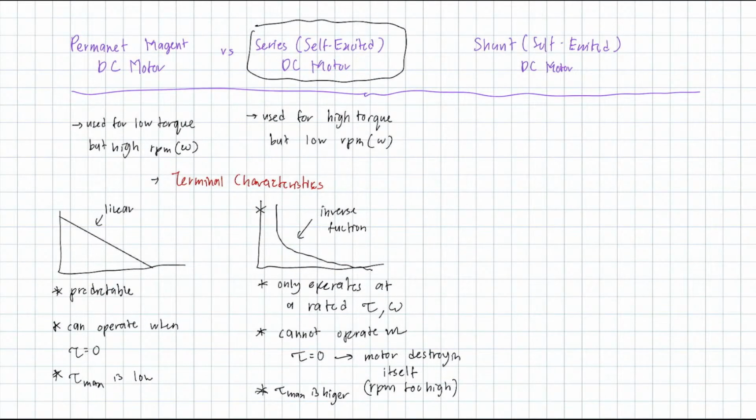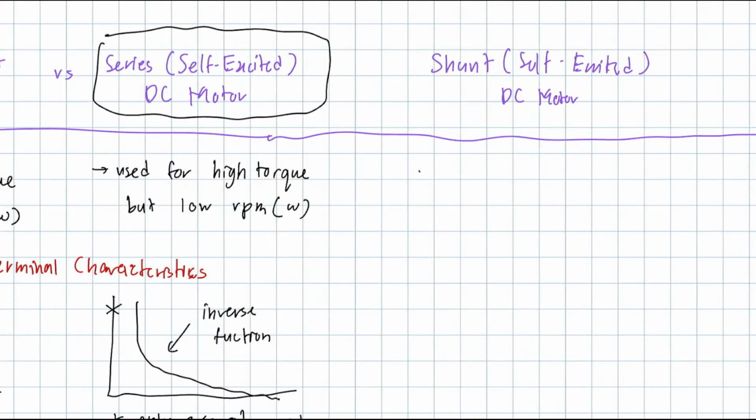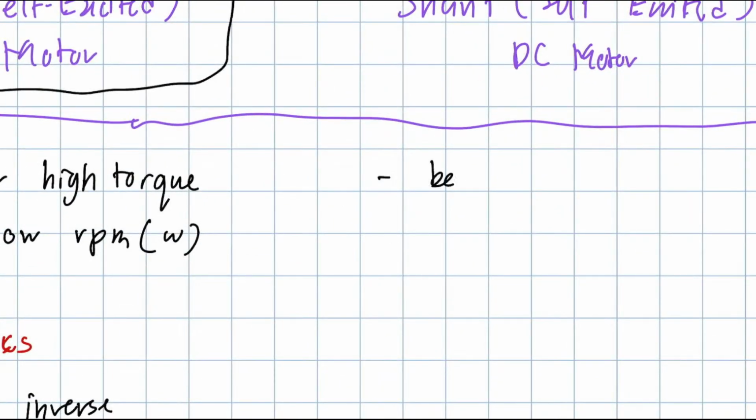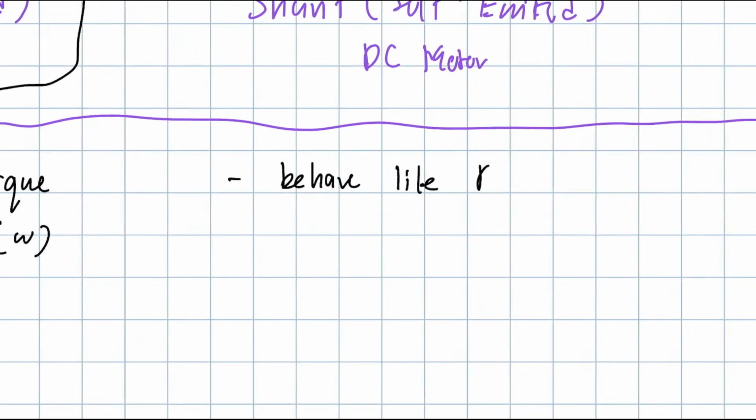Okay, so kalau shunt ni dia sama, dia behave like a permanent DC motor.